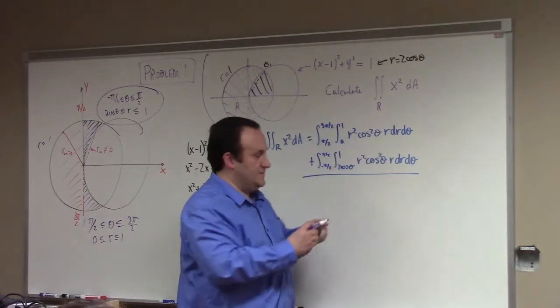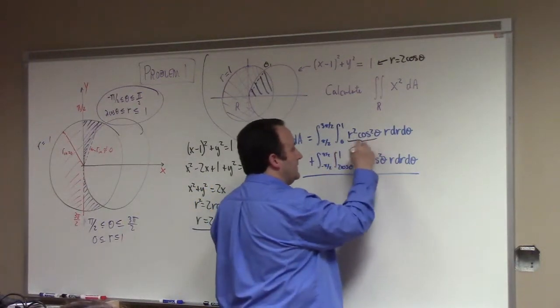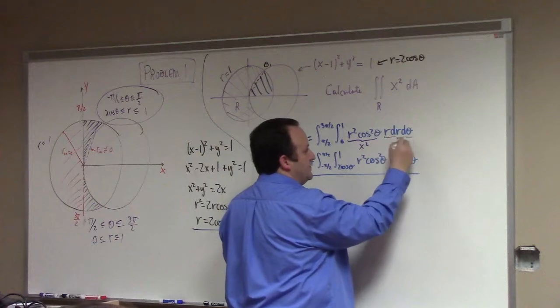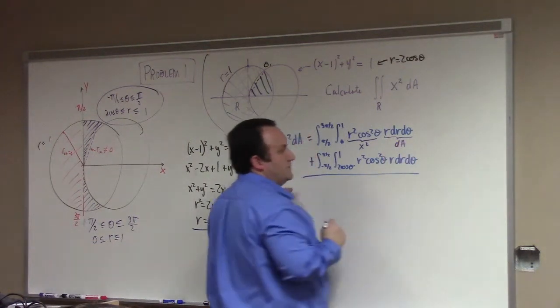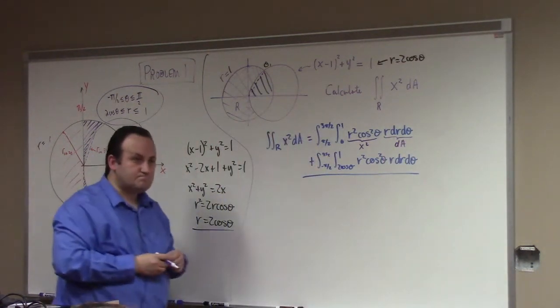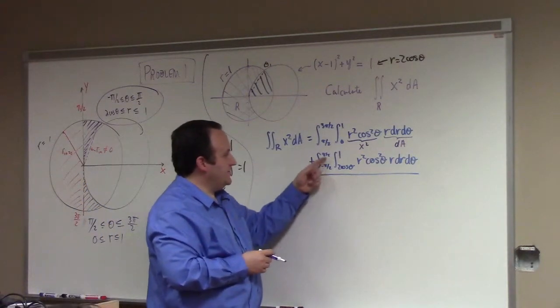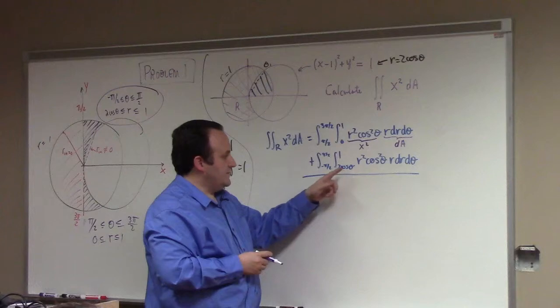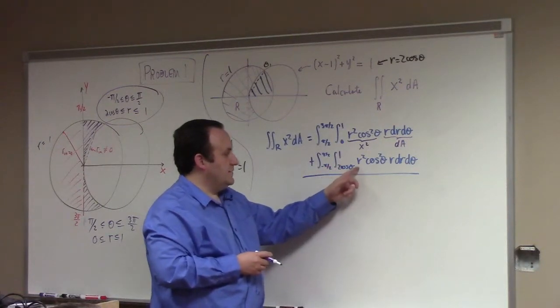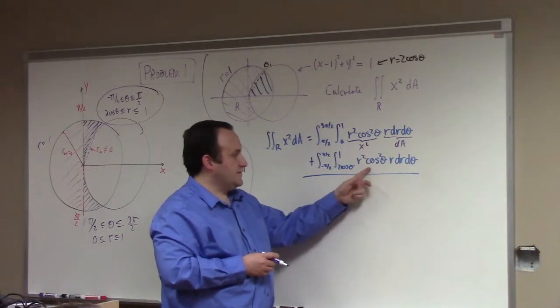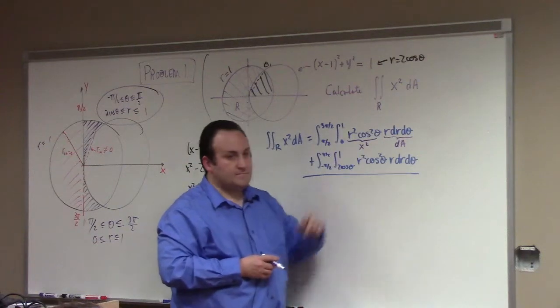That's x squared. And what's this piece right here? This is my dA, which is r dr d theta. And then plus, from minus pi over 2 to pi over 2, from 2 cosine theta to 1, of r squared cosine squared theta r dr d theta.